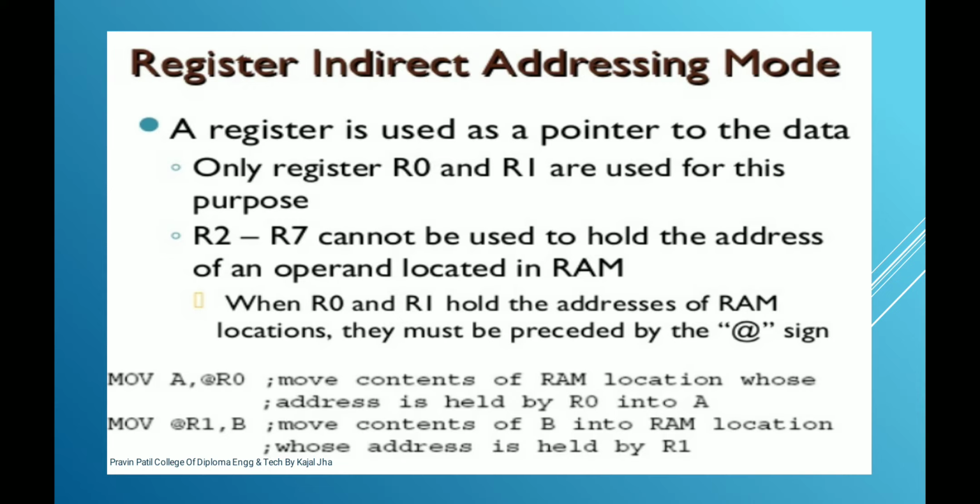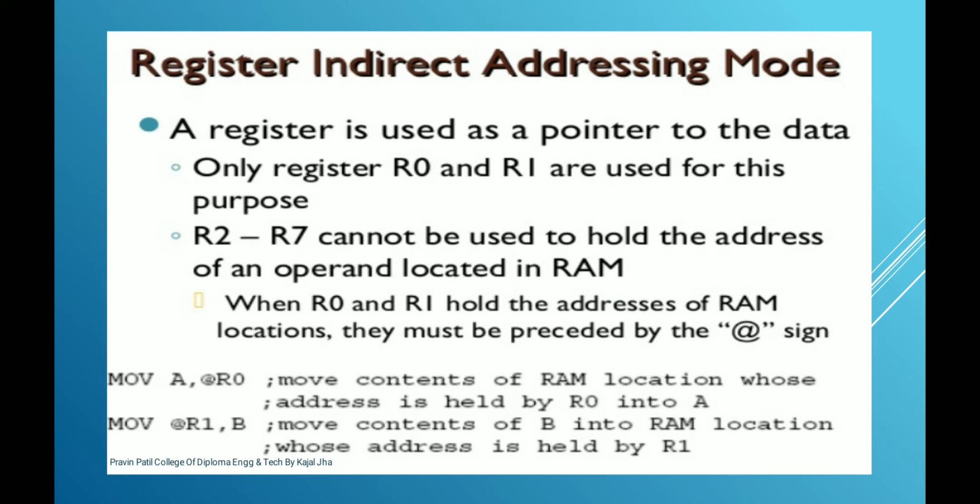For example, suppose R0 contains the value 50H, and that internal RAM address contains the value 67H. During execution, the value 67H stored at memory location 50H is loaded into the register.